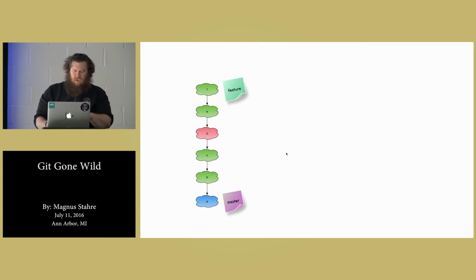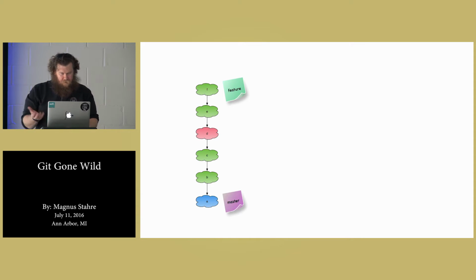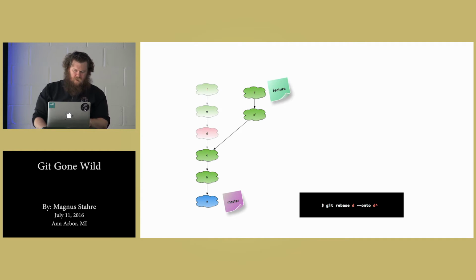And like anything in Git, there's usually 3 or 4 ways to do something, some of which are easier to do than the others. So this is my favorite way to do it. Git rebase, you say D, which is the start of the stuff that you want to work with.